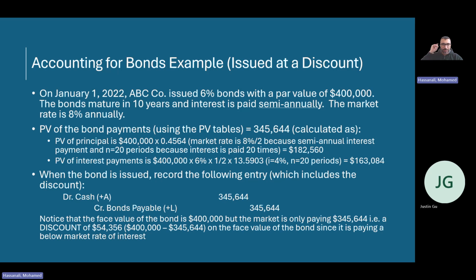And you need to calculate the present value factor. So when we go to the present value factor, we said we need the market rate, we need the term, and we need the payment frequency. In this case, our term is 10 years, paid twice, so that's 20. So our N in this case is 20. And the interest rate's 8%, but since it's paid twice, we're just going to halve that and make it 4%.